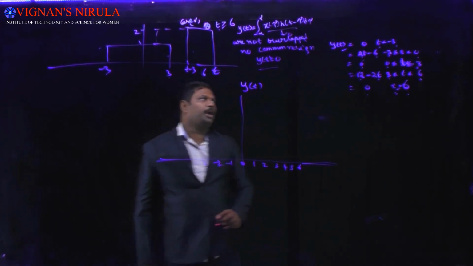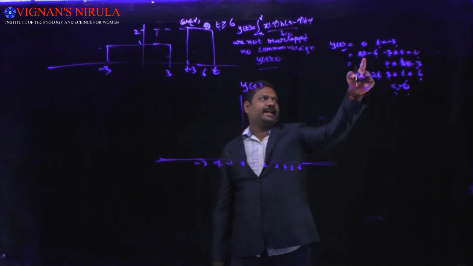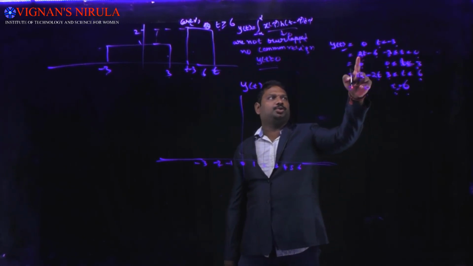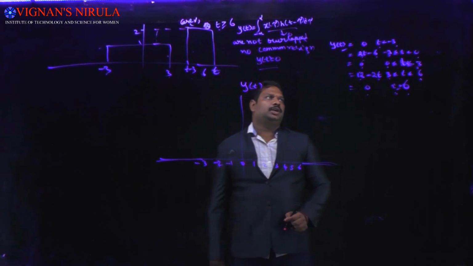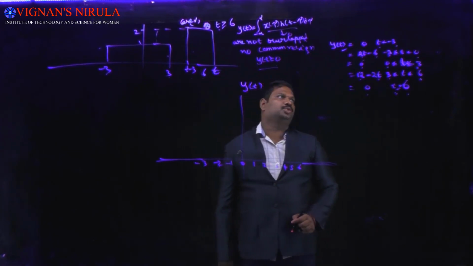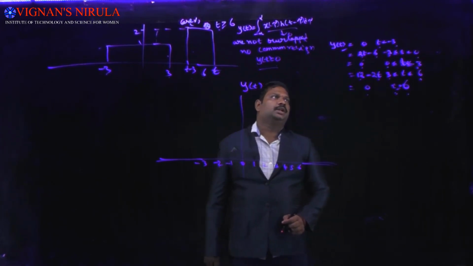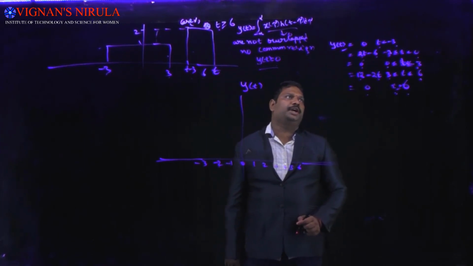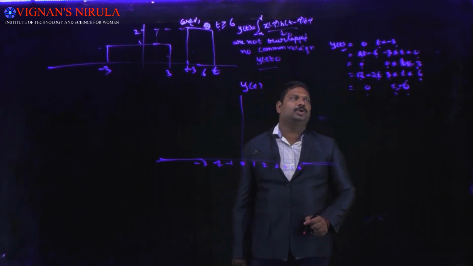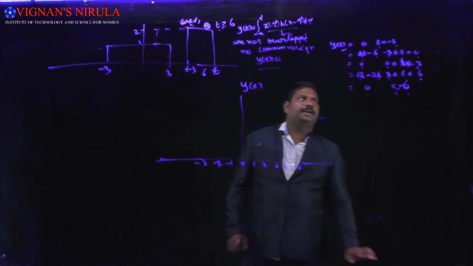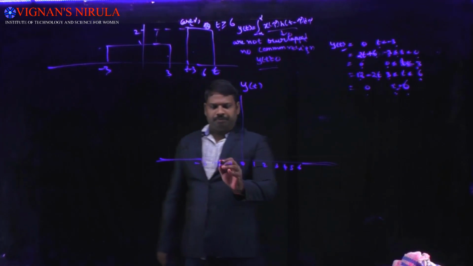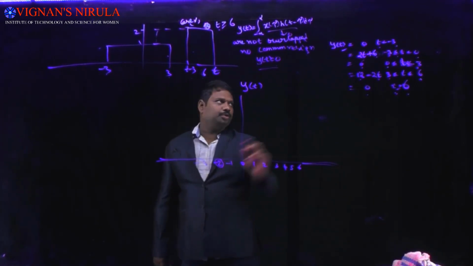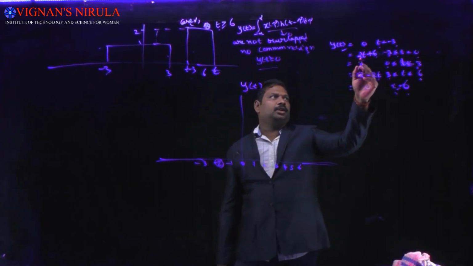Now take the case of t equal to minus 2. When we put t equal to minus 2 here, then 2 into minus 2 is minus 4 plus 6.